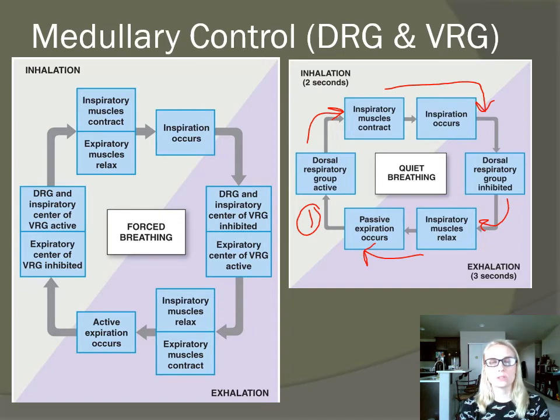So when we're talking about quiet breathing, this eupnea, just normal respiratory rate quiet breathing, we have an active inhalation and a passive exhalation. That's due to the relaxed state of your diaphragm, which goes back up into that dome shape.